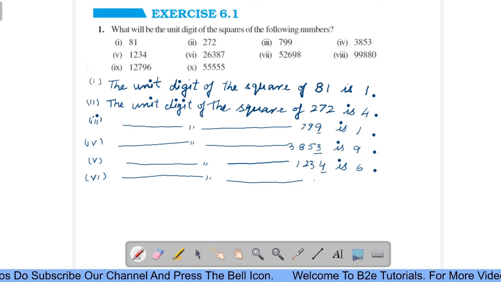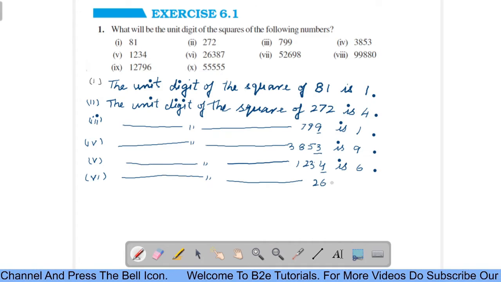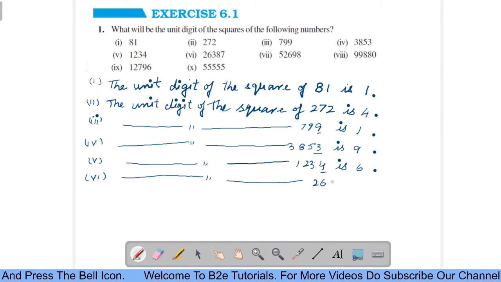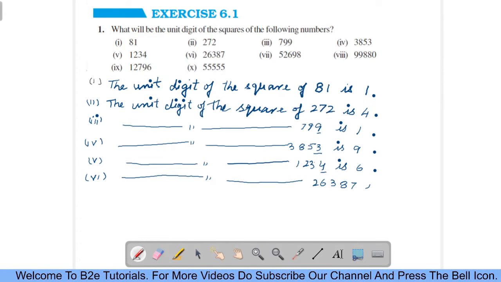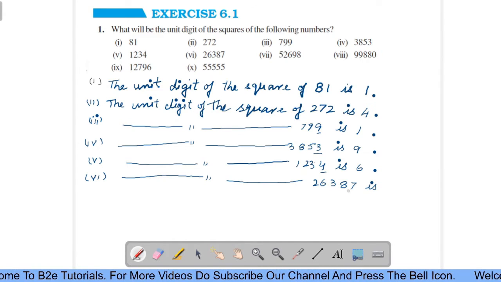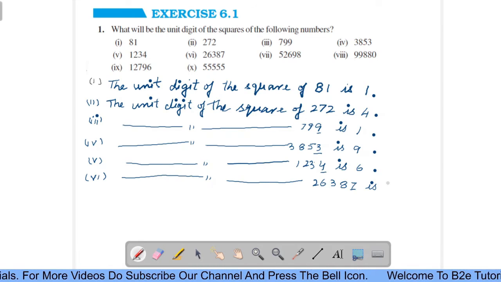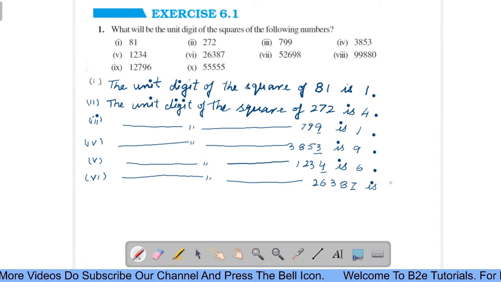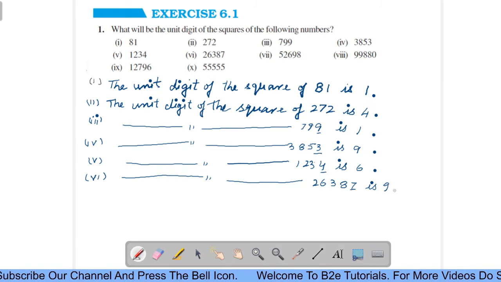Then sixth part, the unit digit of the square of 26,387 is: here the unit digit is 7 and the square of 7 is 49 and in 49 the unit digit is 9. Your answer is 9.